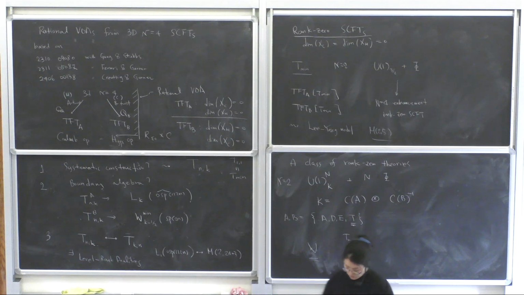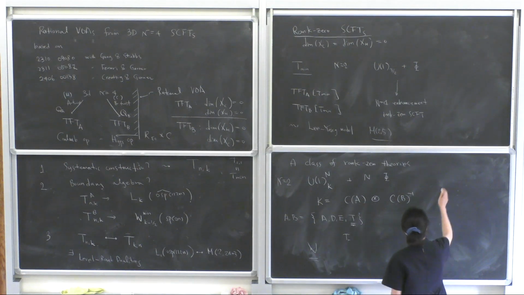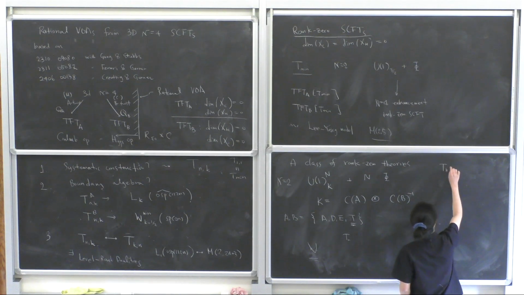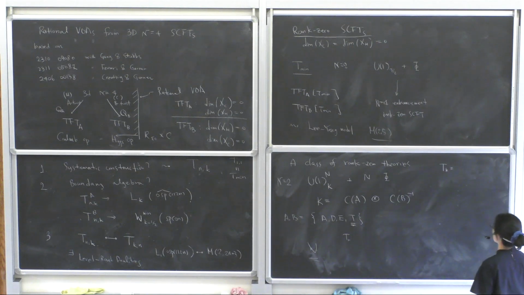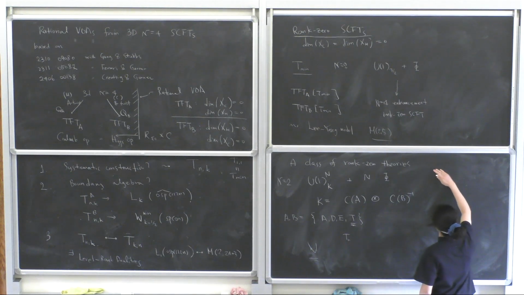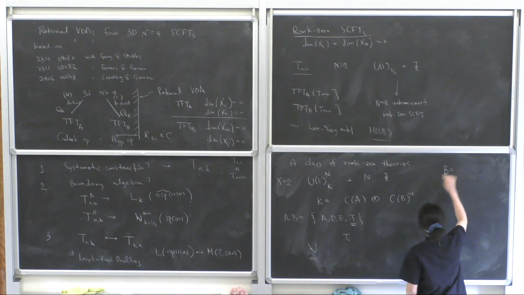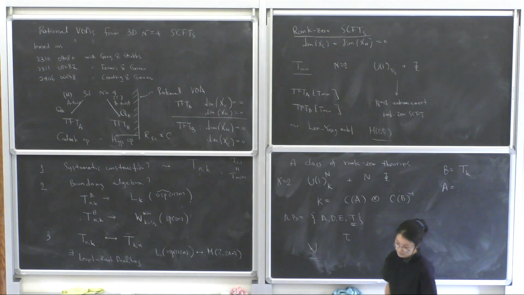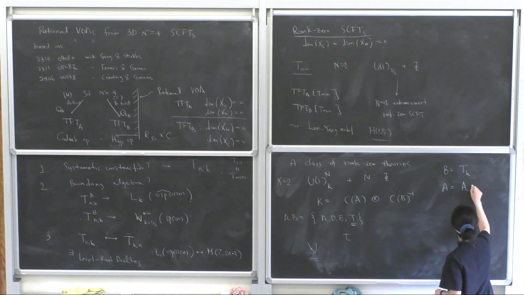So we are going to focus on the case where the B here is T_K and A is A_1, which is just 2.